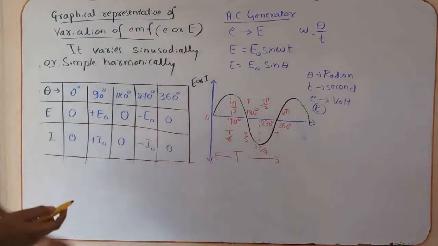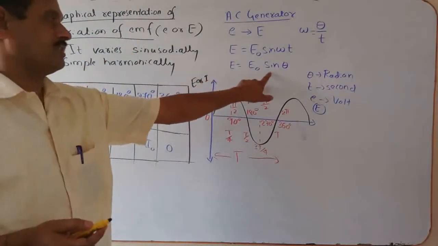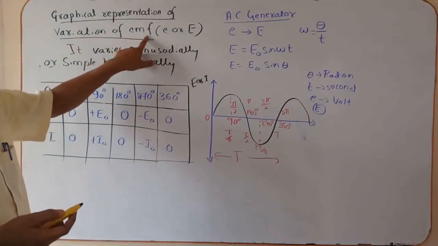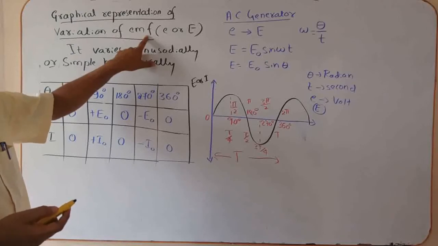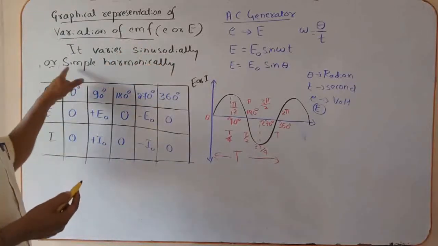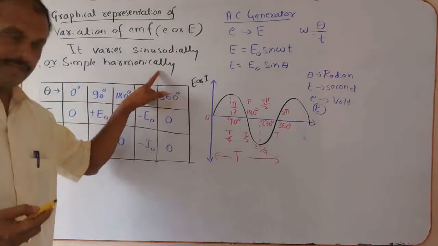Now this expression shows that the variation of the EMF in the AC generator, or in the rotating coil, varies sinusoidally, or simple harmonically.